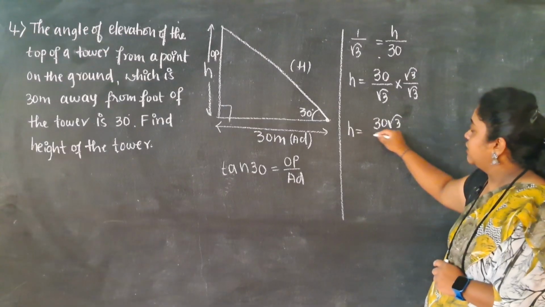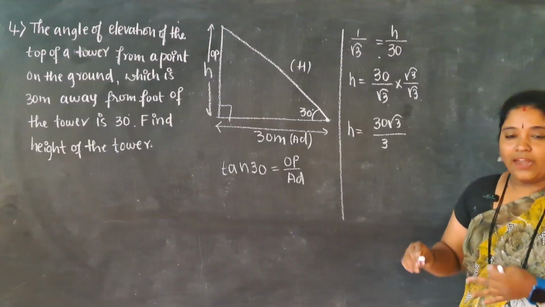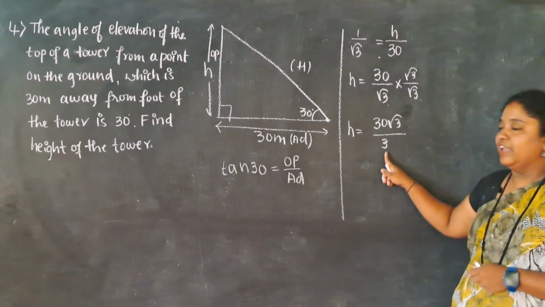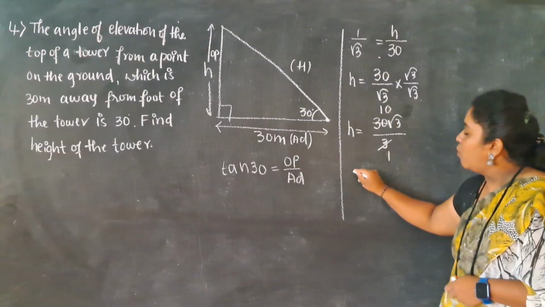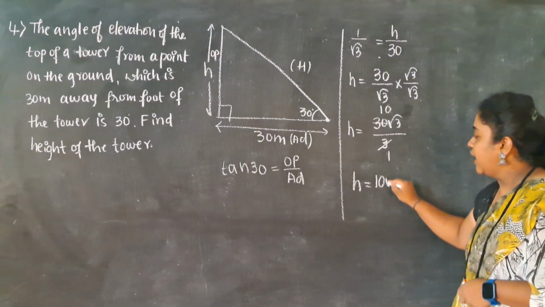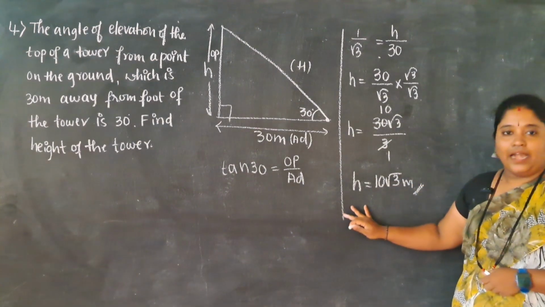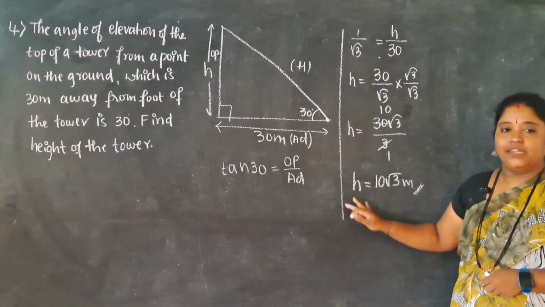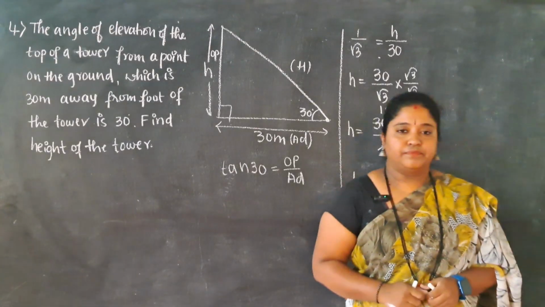Root 3 into root 3 is root 3 square. Square and root get cancelled, I am left with 3. 3 ones are 3, 3 tens are 30. So what is the height of the tower I got, dear? The height of the tower is 10 root 3 meter. Understood? Fine.